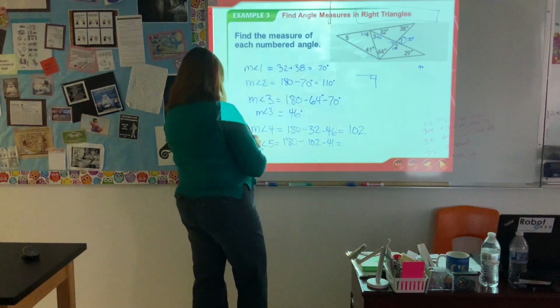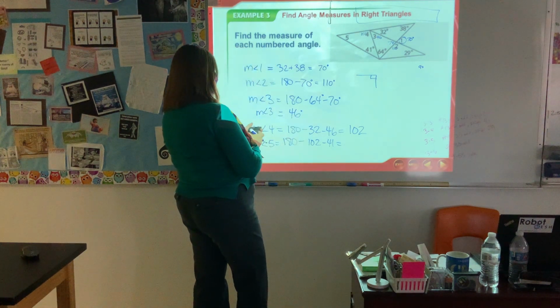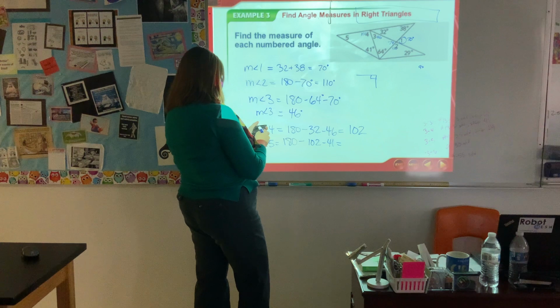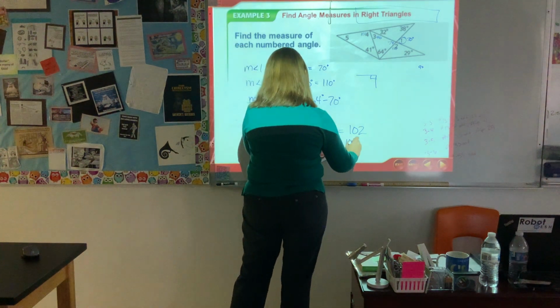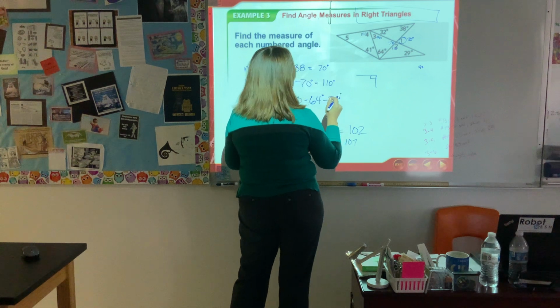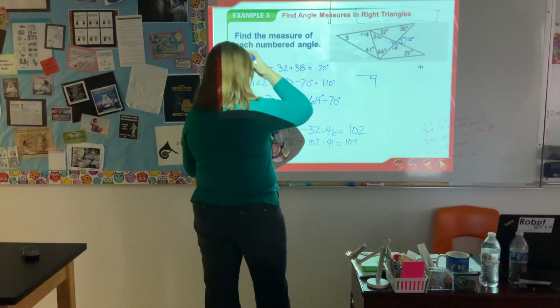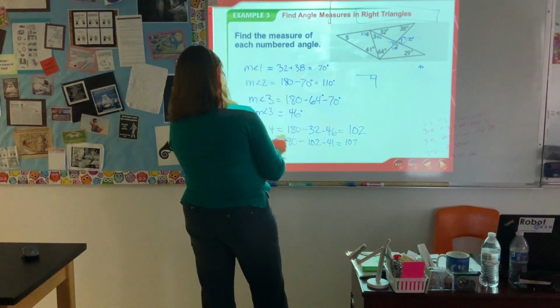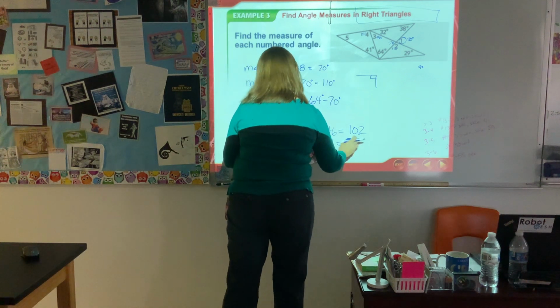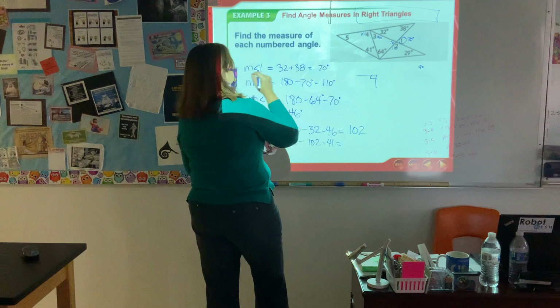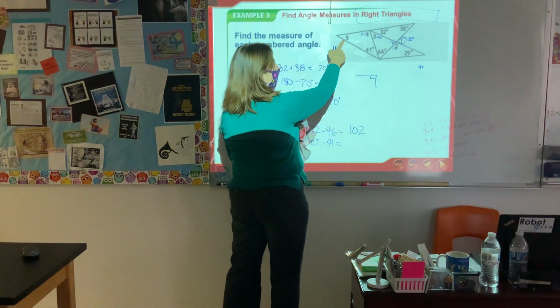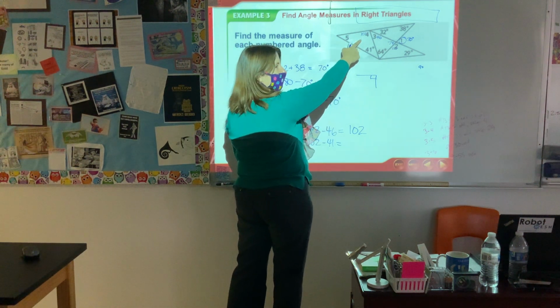which is 107, which makes no sense. I did my calculation wrong. I look at that and I go 107, wait a second, 107 plus 100, that's more than 180 already.